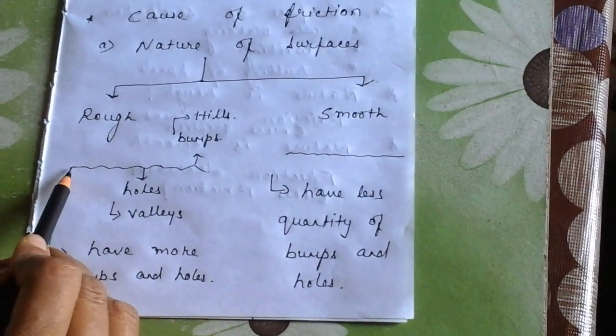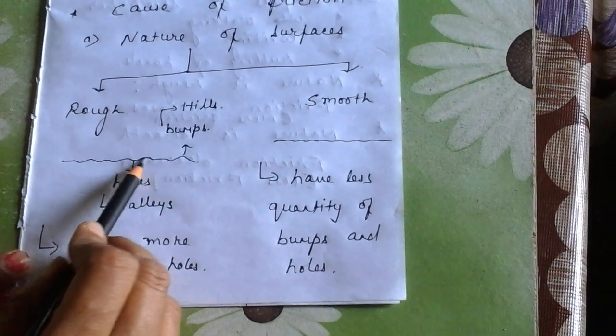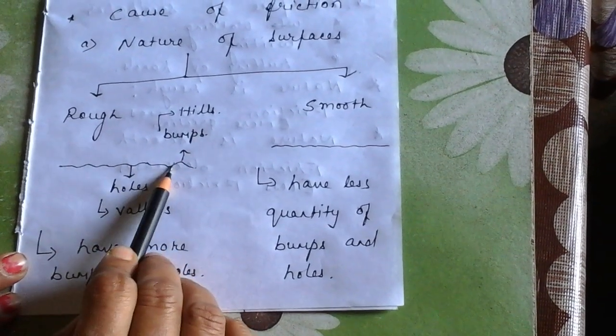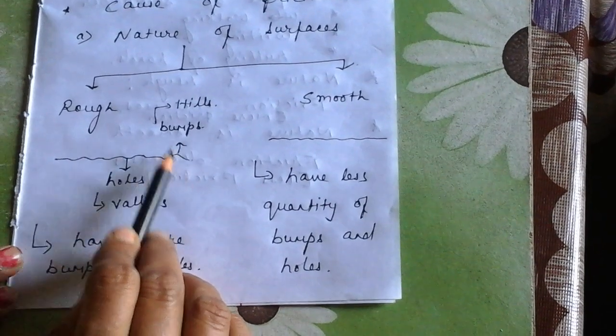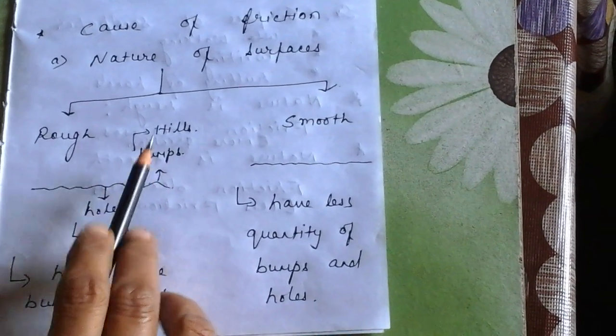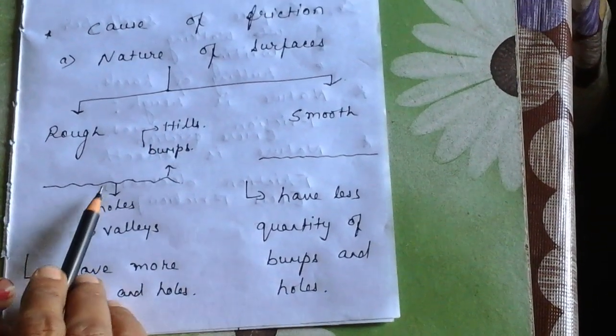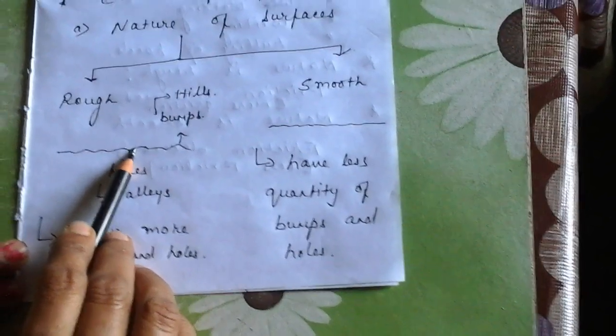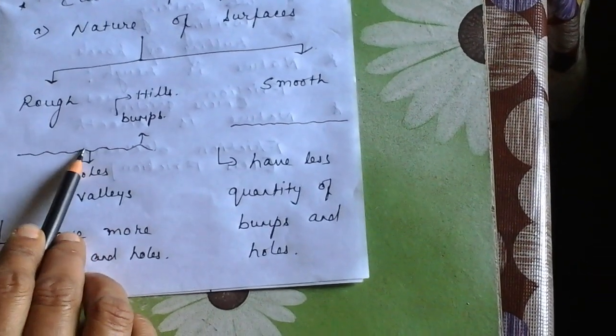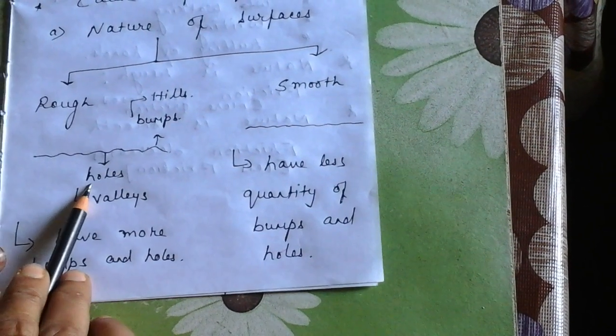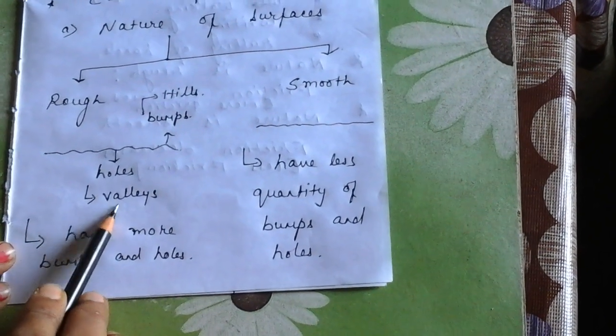Rough surface, you see, it is a little bit like this. The part of the surface which is raised high is known as bumps or hills. The part which is raised downwards, just below, is known as holes or valleys.